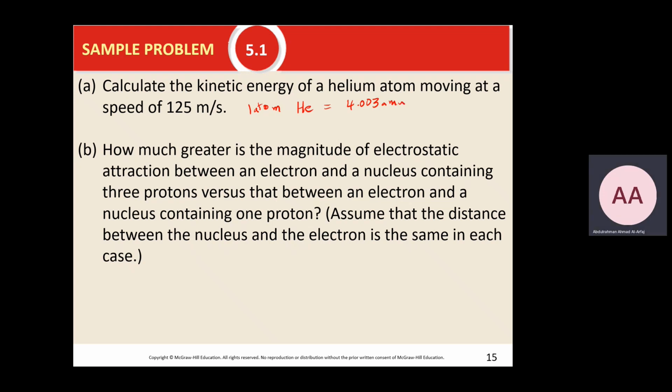And I need to change AMU to gram. How? First, I multiply by 1 gram is equal to 6.022 times 10 to the power 23 AMU. And now I change it to gram, but I need to multiply then by 1 kilogram is equal to 10 to the power 3 gram. Gram will cancel with gram, and now I have the mass in kilogram.